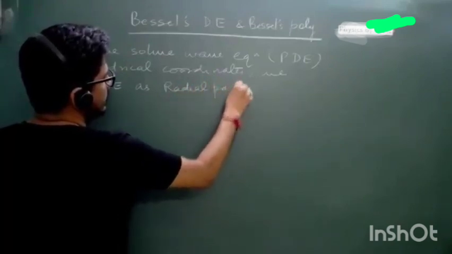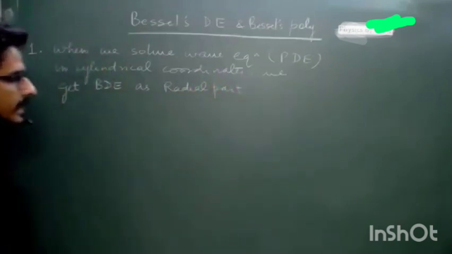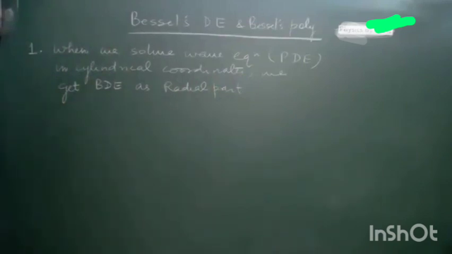So in wave equation there will be three parts. First part will be the radial part, second will be the theta part, and third one will be the phi part. So the radial part hoga, that will give you the Bessel's differential equation.